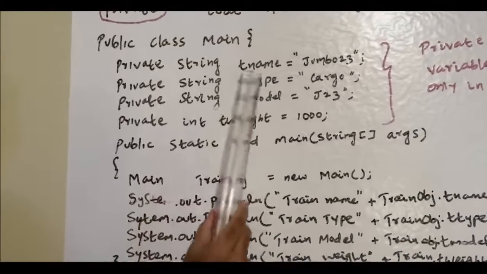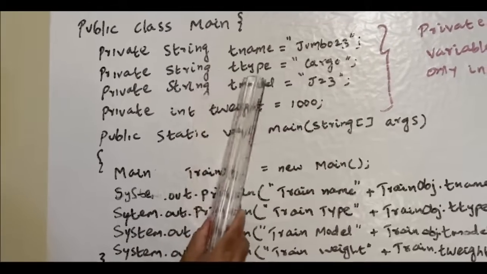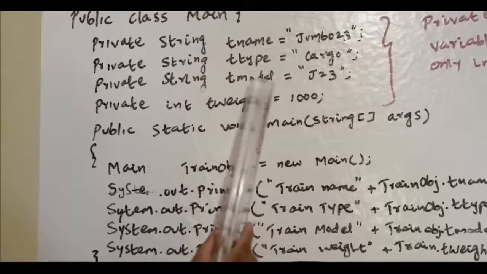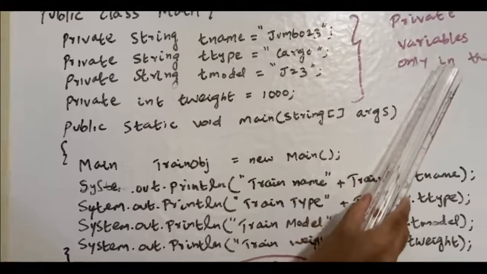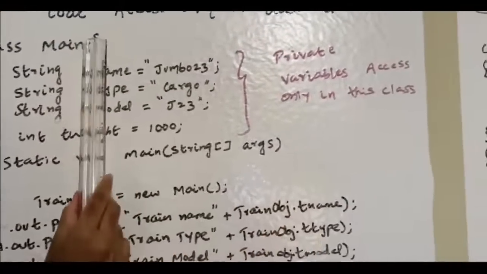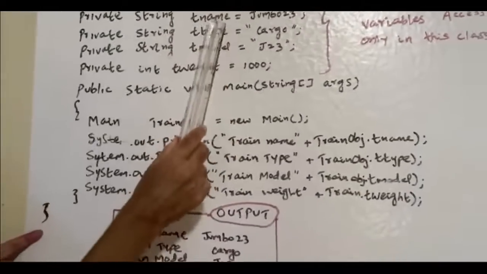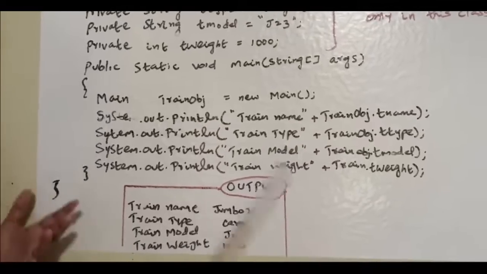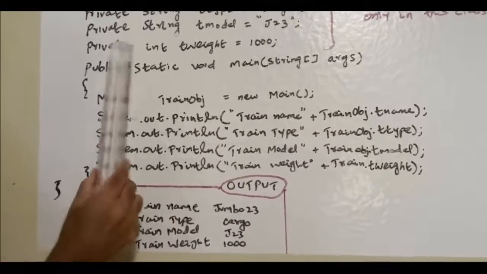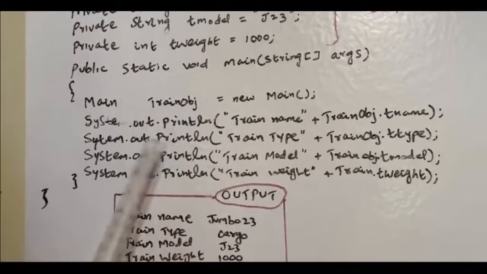Private string train name equal to Jumbo 23, train type is cargo, train model is J23. Private variables are accessed only within this main class. If you call these names outside, it will not be defined and it will throw an error. So private integer train weight 1000 tons.